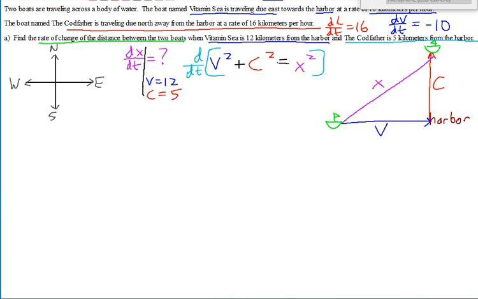So the derivative of v squared is 2v dv dt plus the derivative of c squared is 2c dc dt equals the derivative of x squared, which is 2x dx dt.